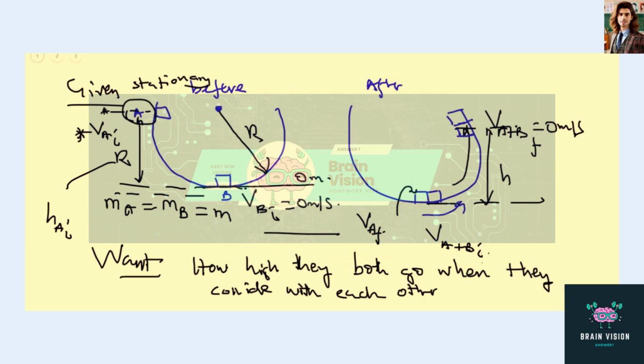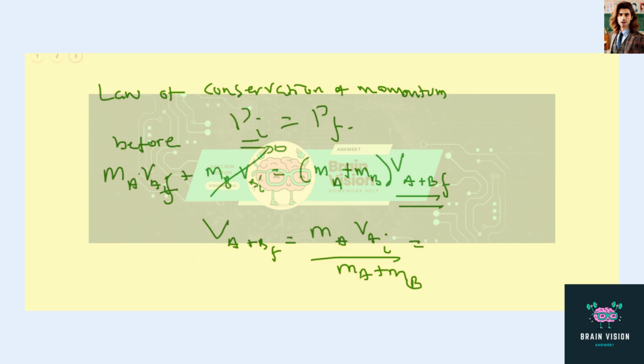Actually, instead of calling it final or initial, the velocity here, yes, this is the final velocity. This is before the collision. We have the final velocity of A and the initial velocity of B. And then this is after the collision, when they stick together.